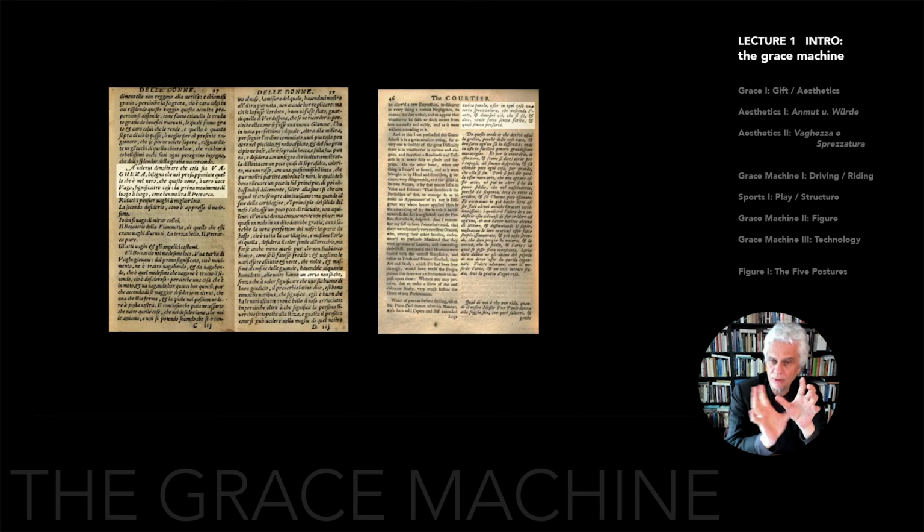So sprezzatura is actually quite problematic, and it's much more an enacting of something. Now, how and what it enacts is truly interesting, but the word vaghezza actually gets to the heart of the matter. It says, look, there's this indeterminacy that is an indeterminacy of charm and beauty as well as movement, right? So he's actually much closer to the problem.